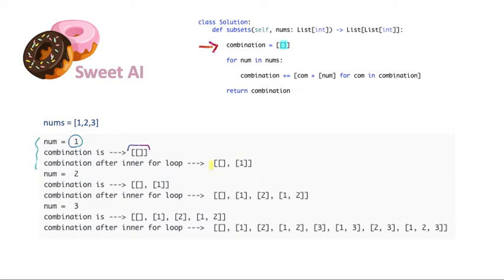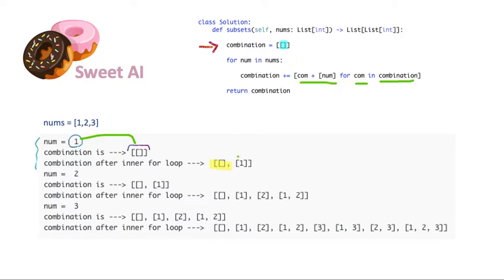So as you see here, this is from the previous step that we have, and we are going to combine these two. We are going to iterate over all the combinations that we have in combination, and we are going to append these two together.